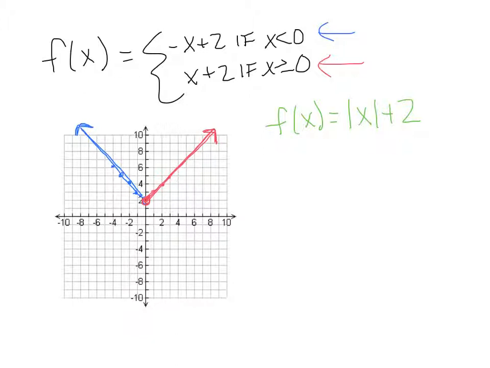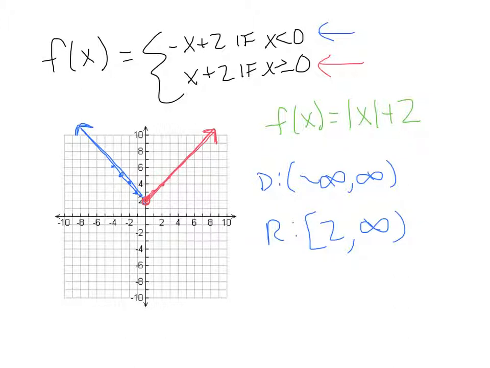If we look at our graph, our domain is just negative infinity to infinity. And our range, well, the bottom of the absolute value is 2, and it goes up to infinity. We could also evaluate this thing if we wanted to. We could actually find, say, f of 10. Again, you go, well, which part do I use?